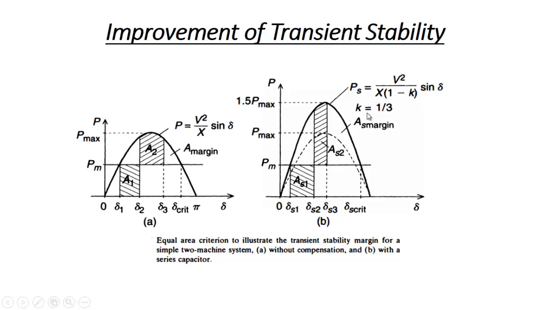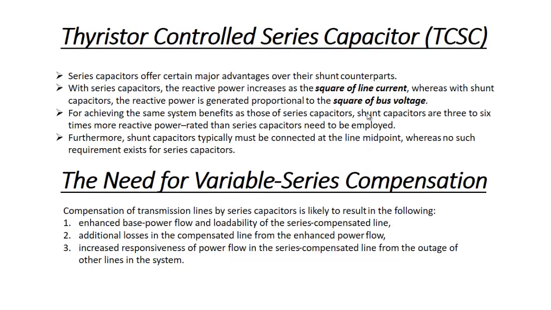Now, let us try to define some series controllers which are based on FACTS, that's flexible AC transmission system controllers. The first one is dependent upon thyristors, so it will be a thyristor controlled series capacitor, TCSC.